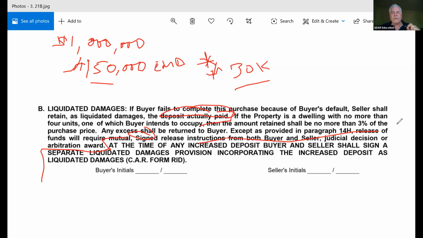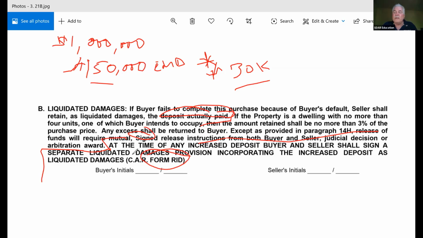But if everybody has agreed to this one, do you want that additional money coming in also being subject to liquidated damages? Because if you don't use this form, it becomes subject to actual damages, and that's going to create some problems in your contract.